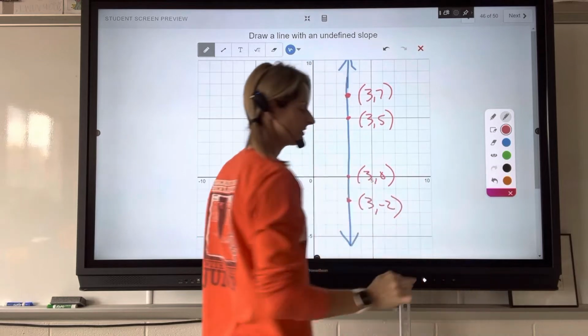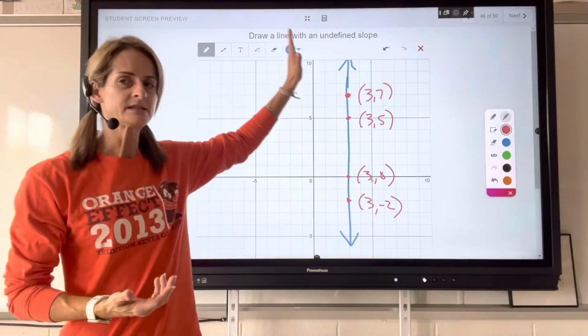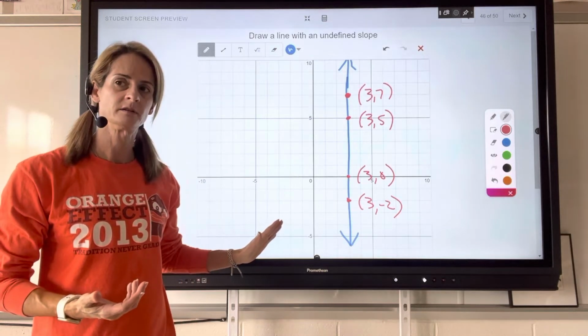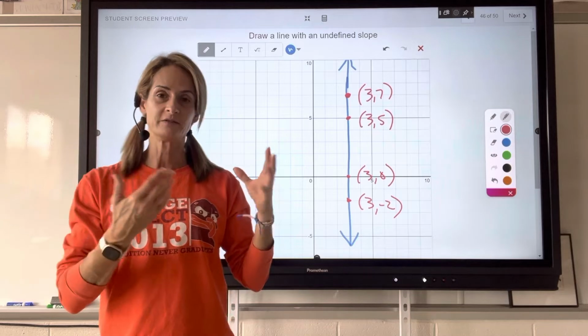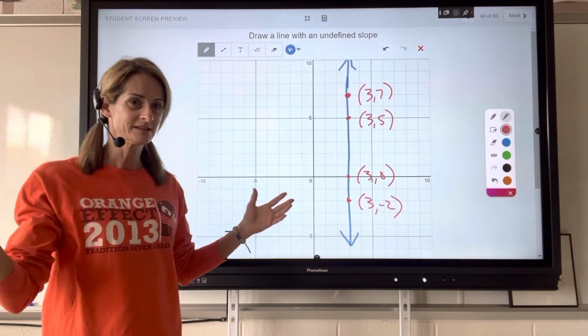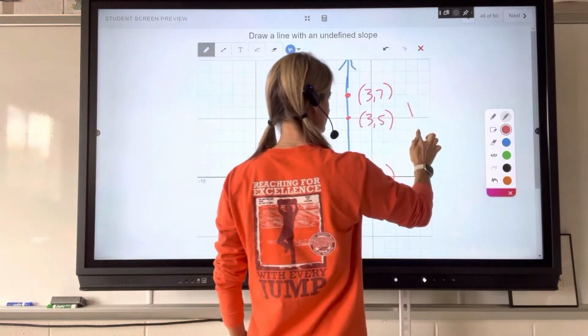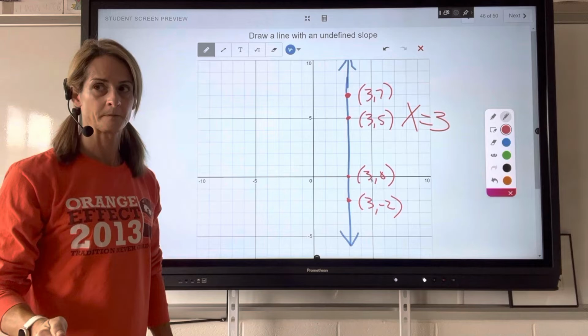Notice they all have in common the x-coordinate. The x-coordinate for every single point on this line is 3, which makes the equation of this line x equals 3. That's it. That's why it's x equals 3, not y equals 3.